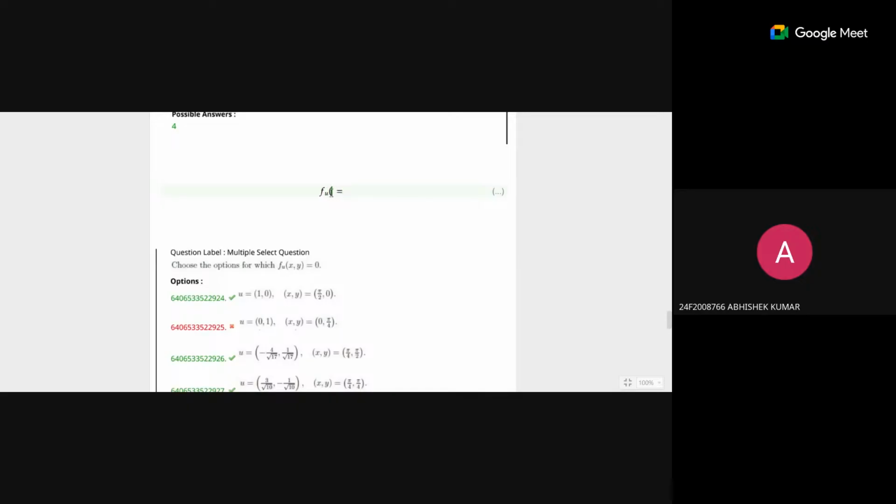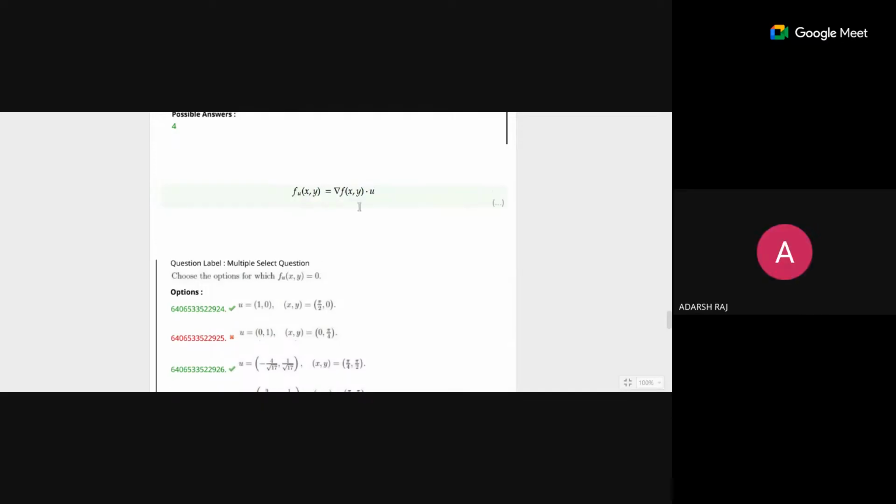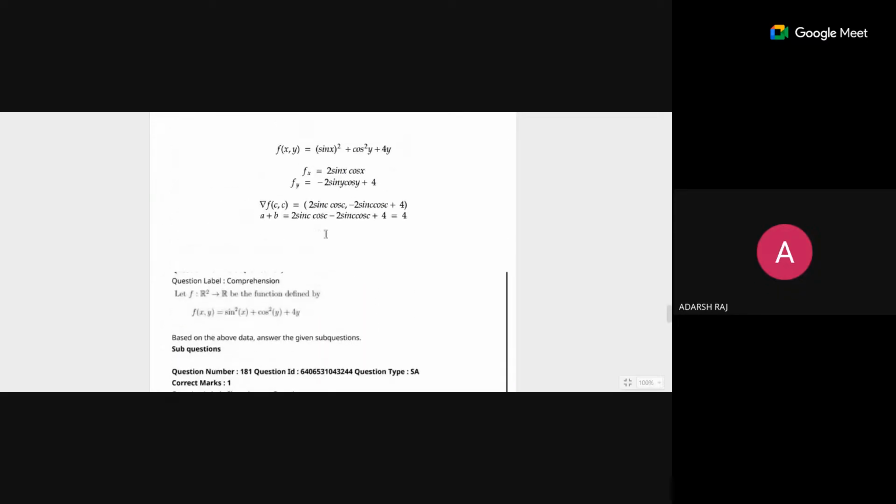The formula is the gradient of the function at x comma y dot product with the unit vector. So we calculate this gradient first.